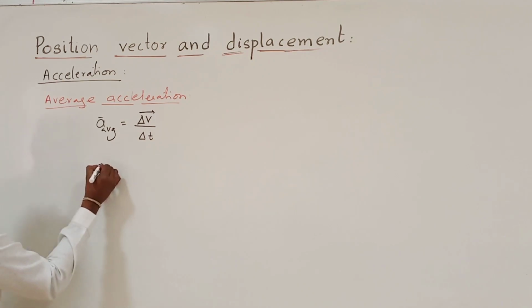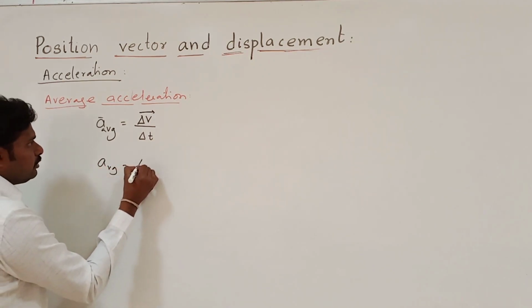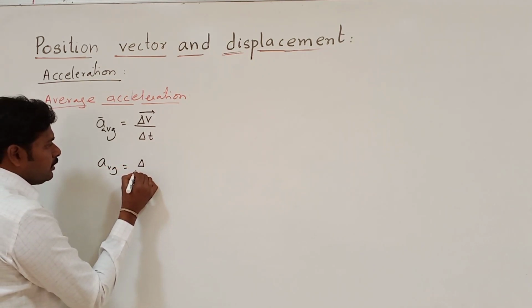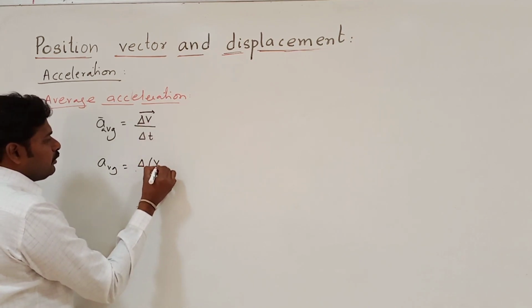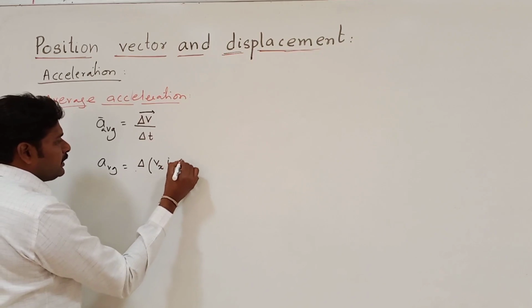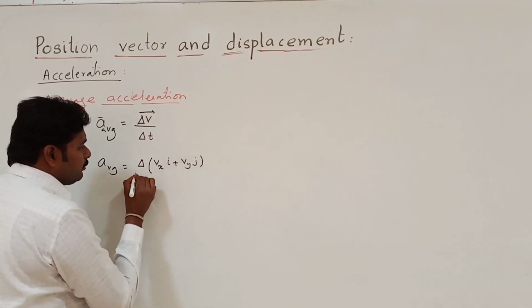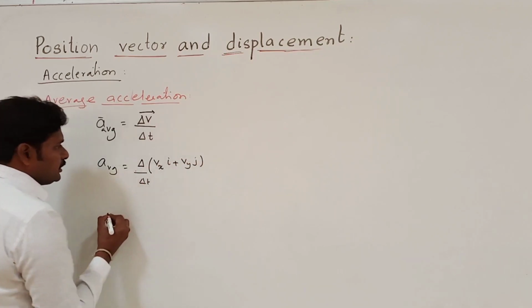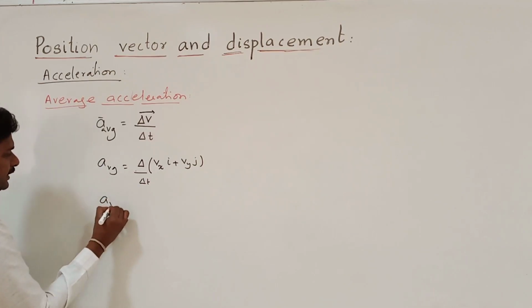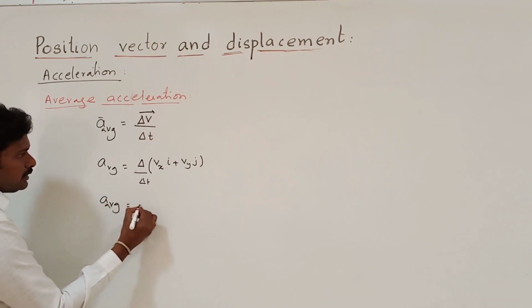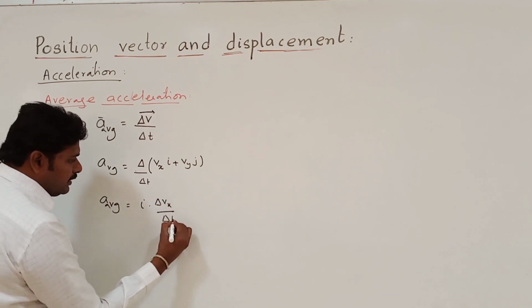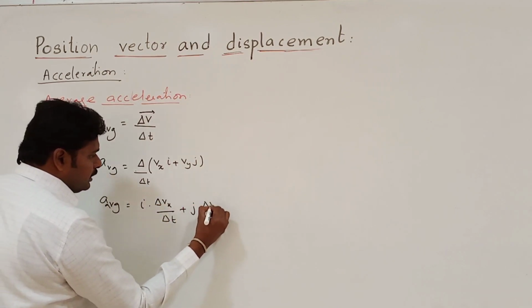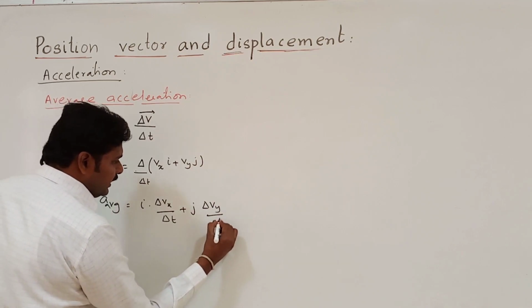Now, a average is equal to delta v by delta t, where v means vx i plus vy j. Just expand it: it is equal to i into delta vx by delta t plus j into delta vy by delta t.